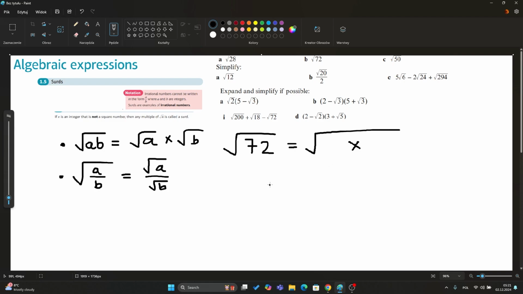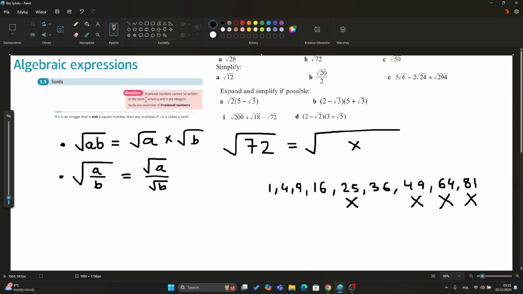So here we could try 1, 4, 9, 16, 25, 36, 49, 64, 81. 81 will not be the case. 49 times 2 is going to be 98, so that's not the case. 64 is also not the case. 25 would give us 75 if we multiply by 3, and the only viable option is 36.